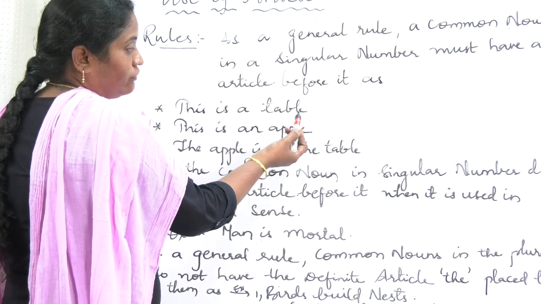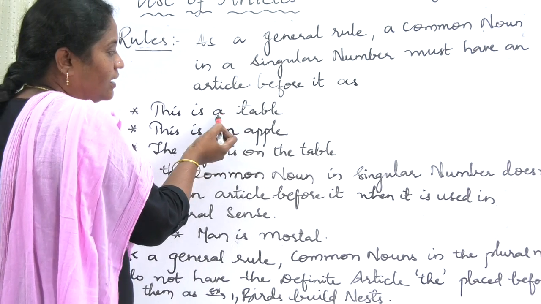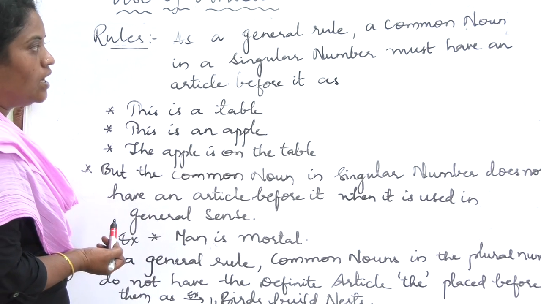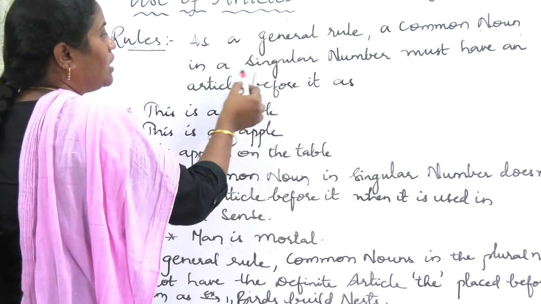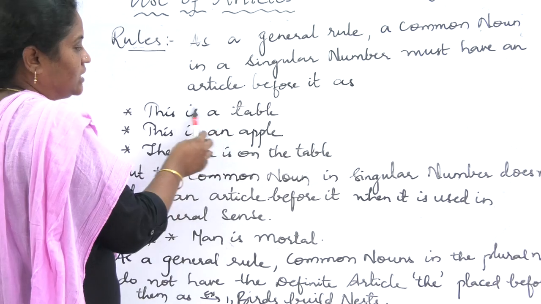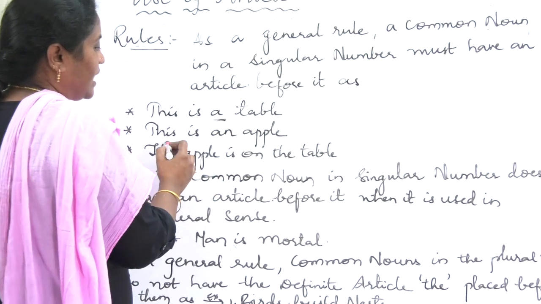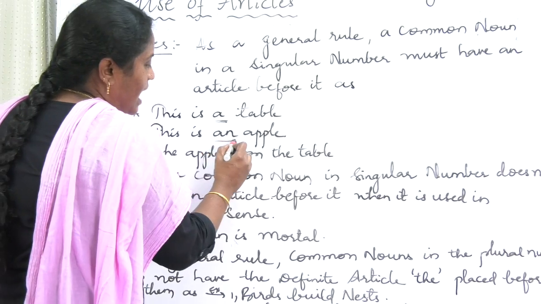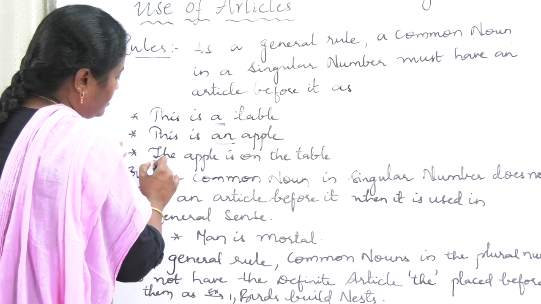For such kind of sentences, we have to add an article before a singular noun. As a general rule, a common noun in the singular number must have an article before it. As this is a table, so a is an article, and next, this is an apple, an is an article. The apple is on the table.